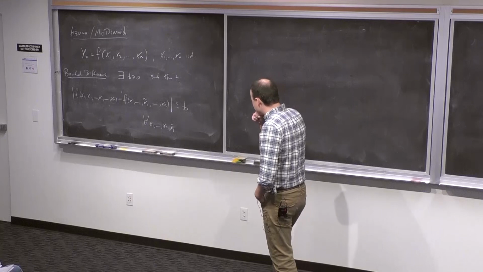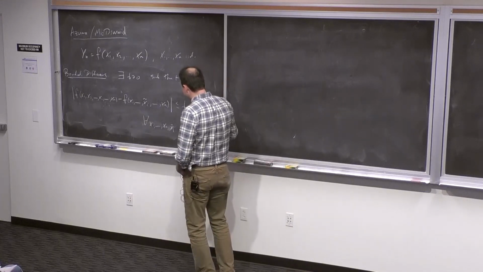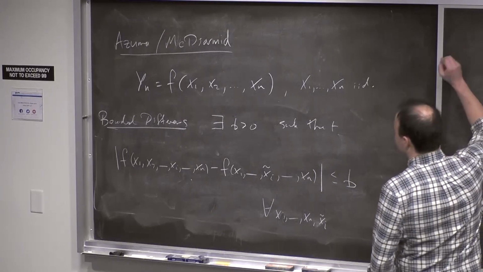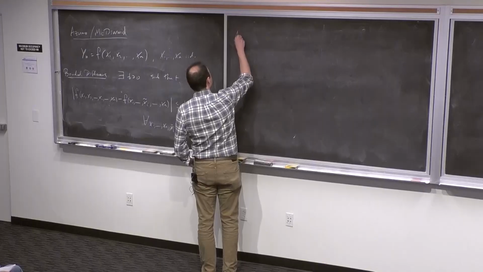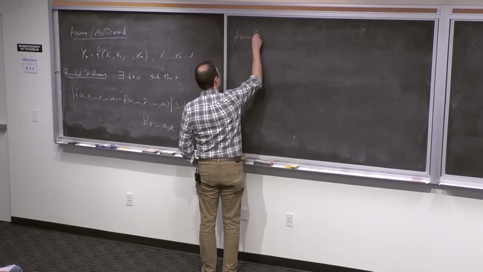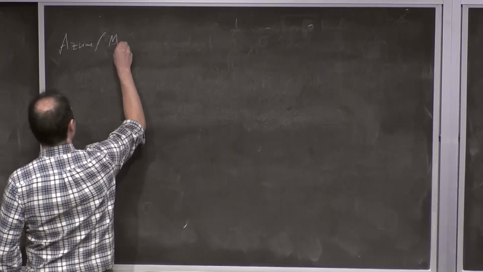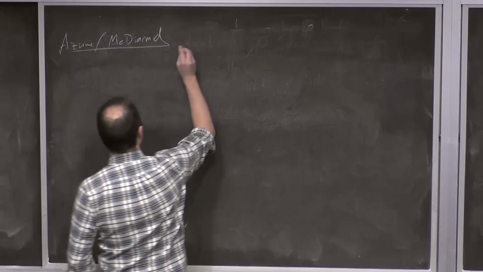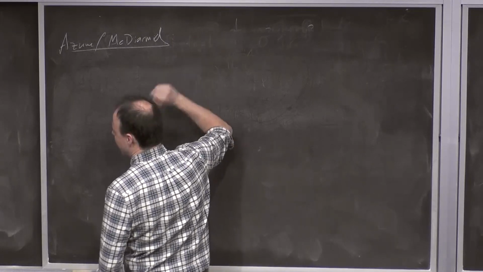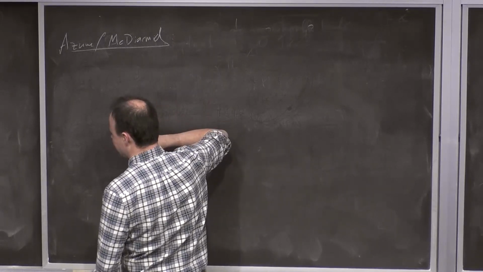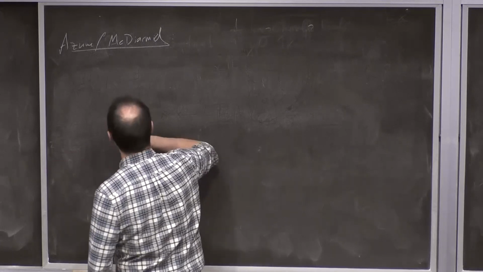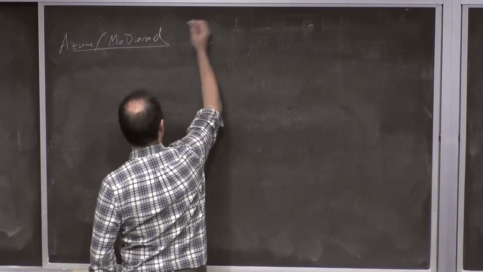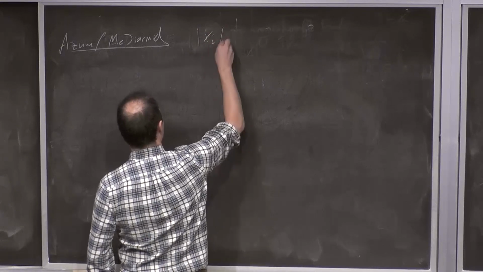Okay, so the amazing thing is that you can prove essentially the same concentration of measure result. I'm calling it Azuma McDiarmid, which is what you see in textbooks a lot. So again, we're going to assume essentially this setup here, and maybe assume that we have bounded random variables as well.